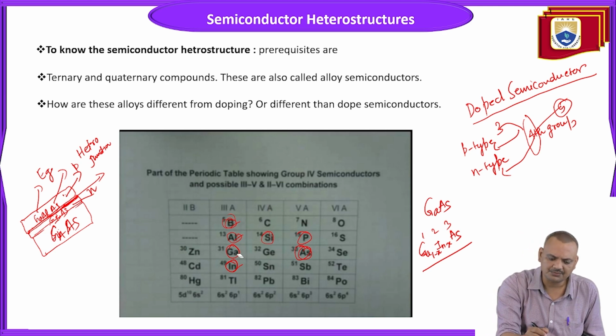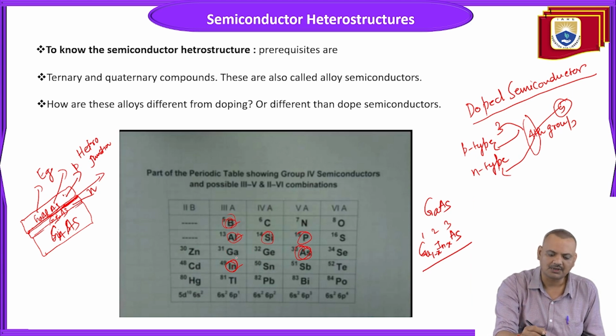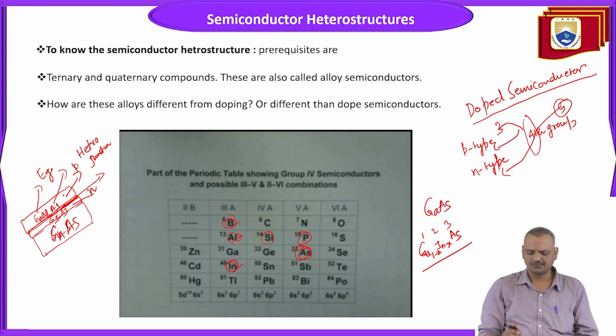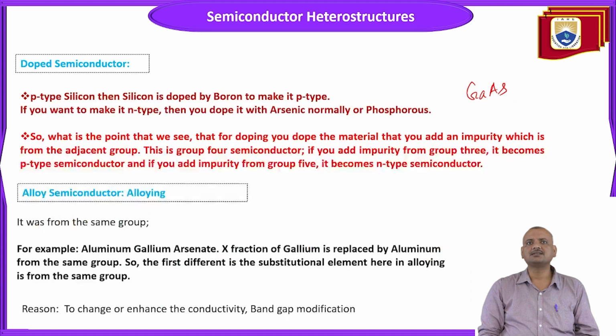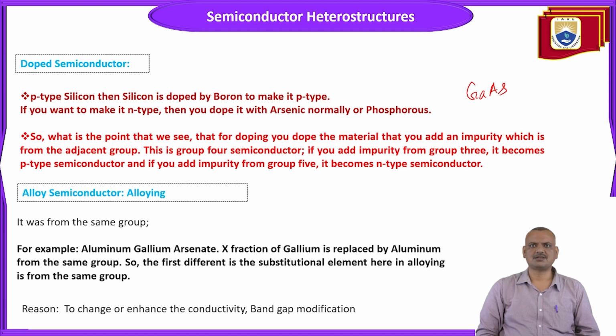So if you replace this gallium in some fraction by aluminum or indium, a same group element, it will come as an alloy. It was from the same group. That's why it is mentioned here. For example, aluminum gallium arsenide, where X fraction of gallium is replaced by aluminum from the same group.